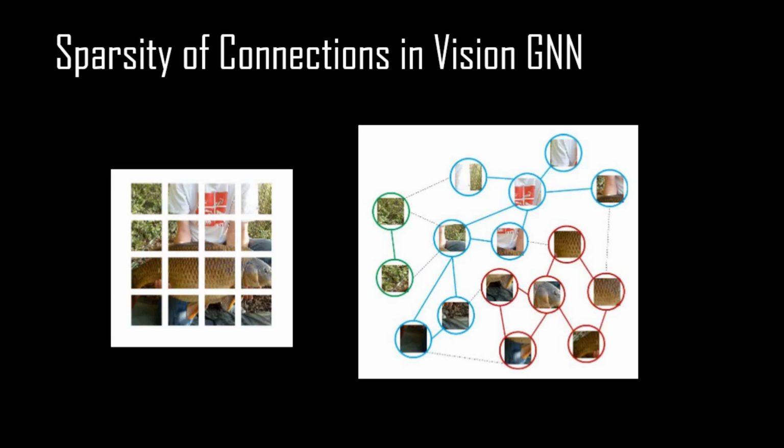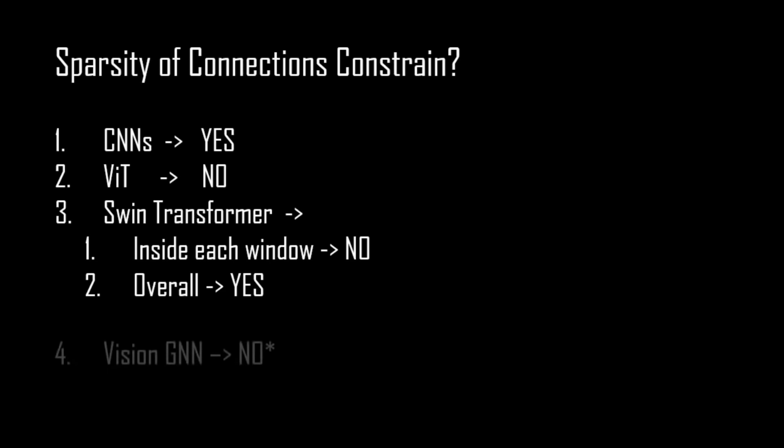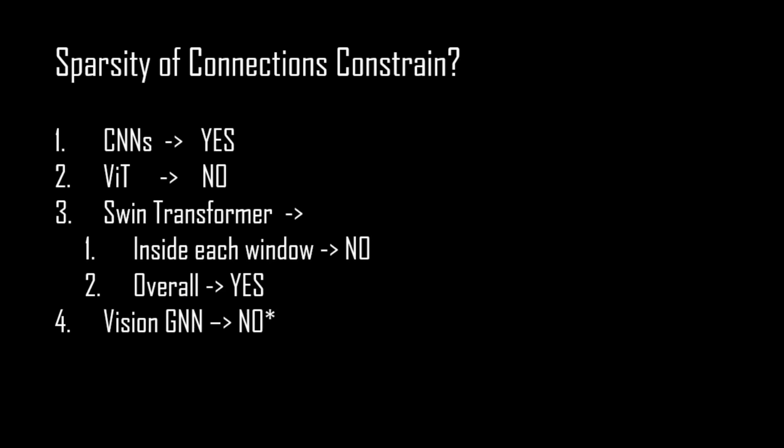For example, they say, I'm going to have only 9 edges connecting each node to the others. So in that sense, we could say Vision GNNs don't have a sparsity of the connection constraint, but I'm going to put an asterisk here because they are still limited in the number of edges that connect the patches to each other.